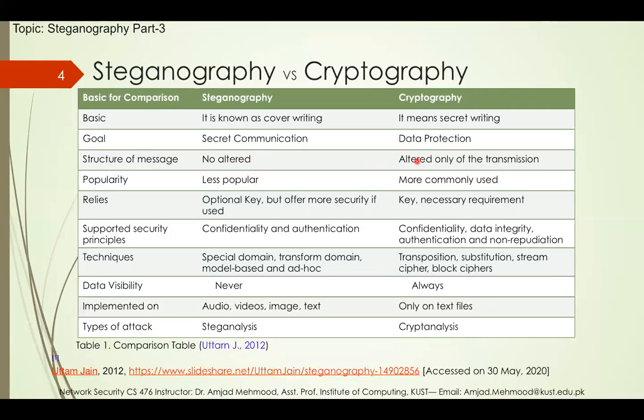theme of that scheme. Popularity, steganography is less popular as compared to cryptography, relies on optional key, but if used, they would be more secure. Whereas in cryptography key is a necessary requirement.